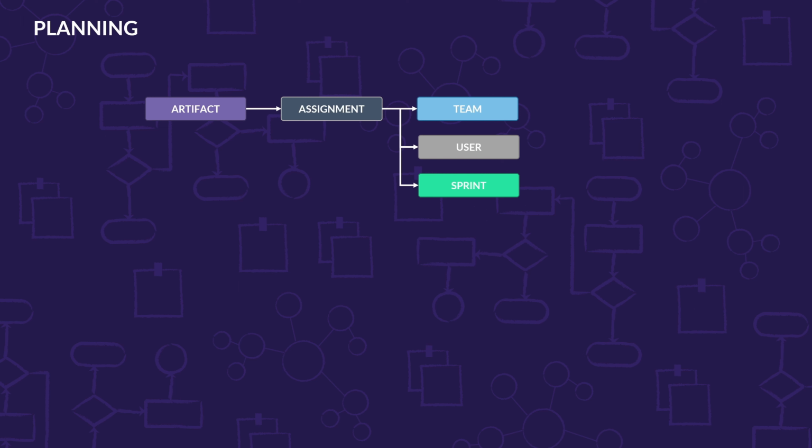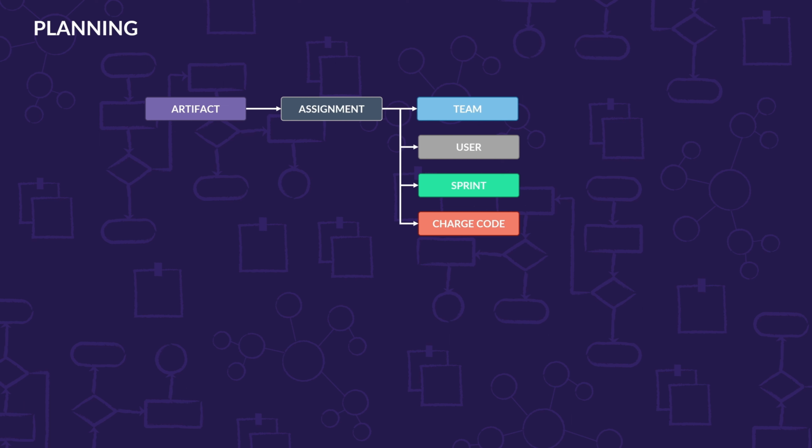In addition, I can assign it to a specific user. I can assign it in time, if I'm using sprints in my project planning, to a particular sprint or potentially to a particular release target or candidate.